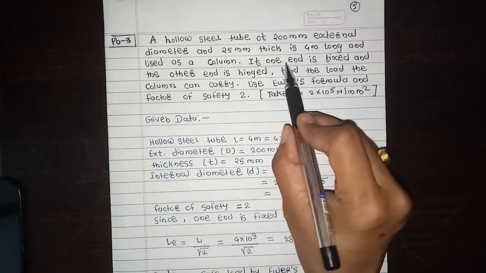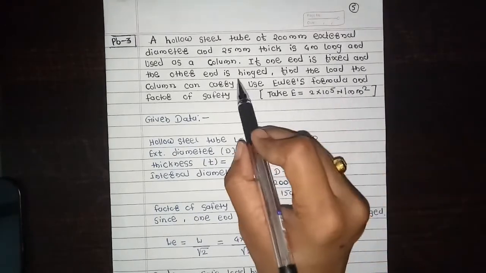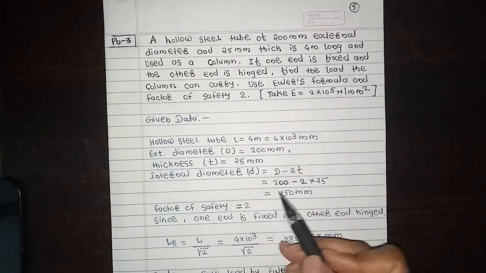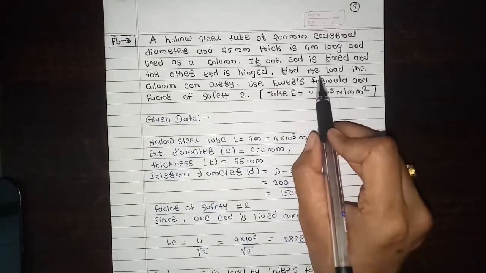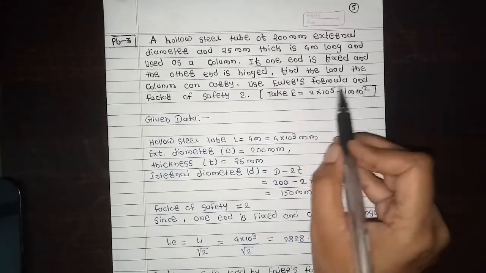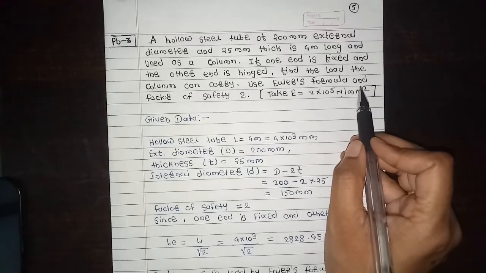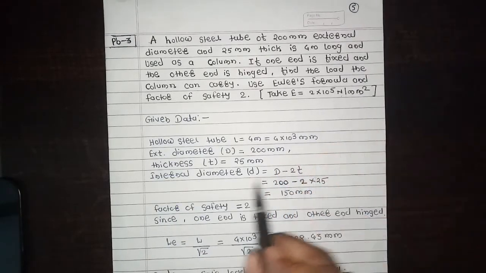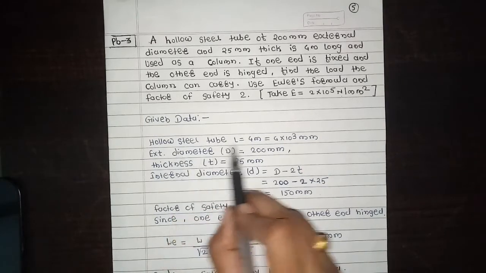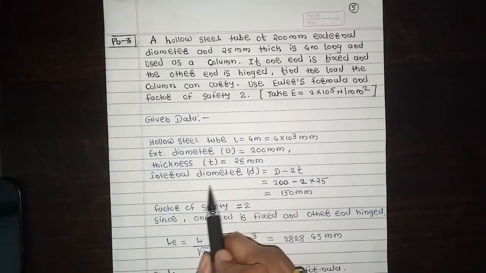Given condition, one end fixed and other end hinge. So end conditions of column is one end fixed and other end hinge. Find the load by using Euler's formula and factor of safety is 2. Okay, so this is the given data.